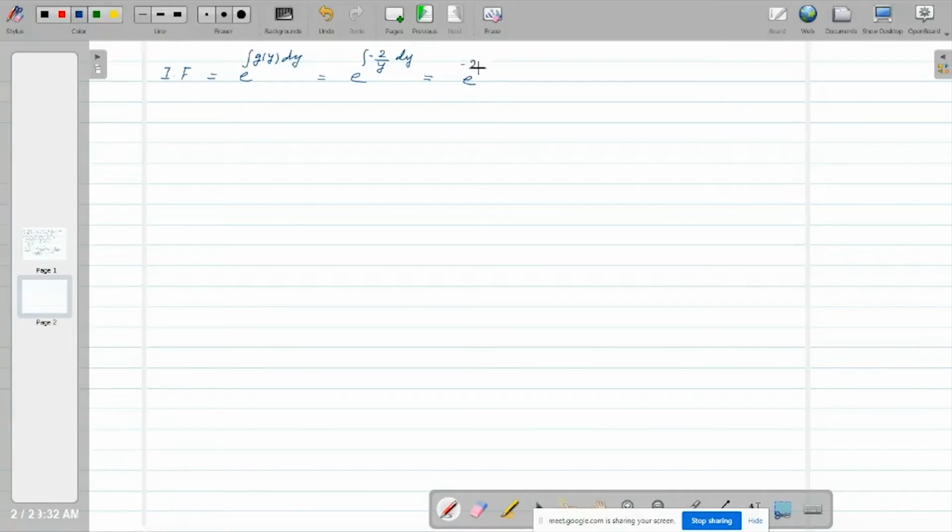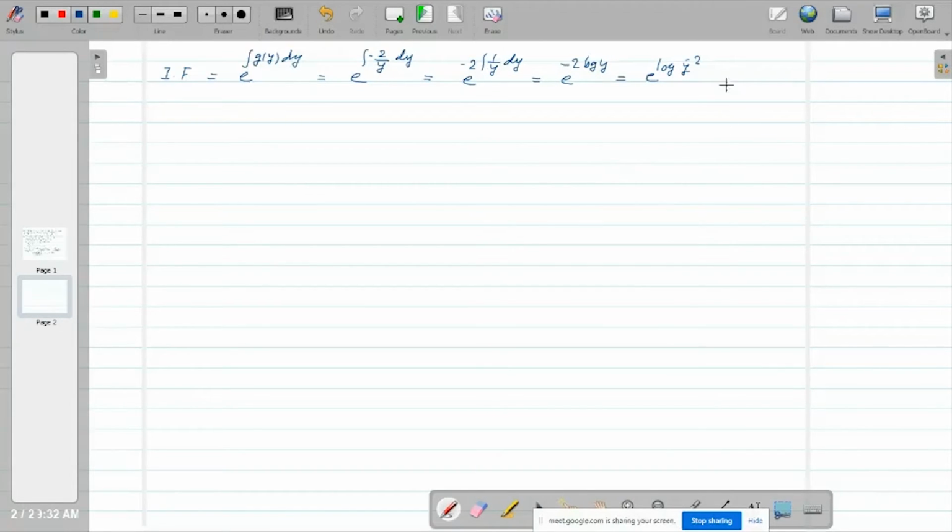I am taking minus 2 outside the integration of 1 by y dy. So this can be written as e raised to minus 2 times the integration of 1 by y, that is log y. Now this can be written as e raised to log of y to the power minus 2.